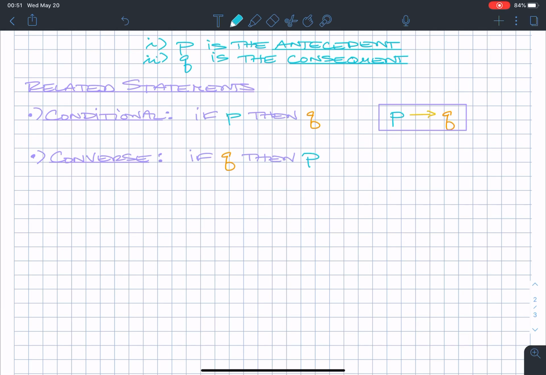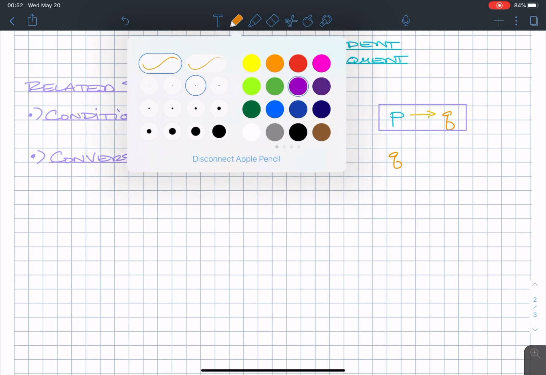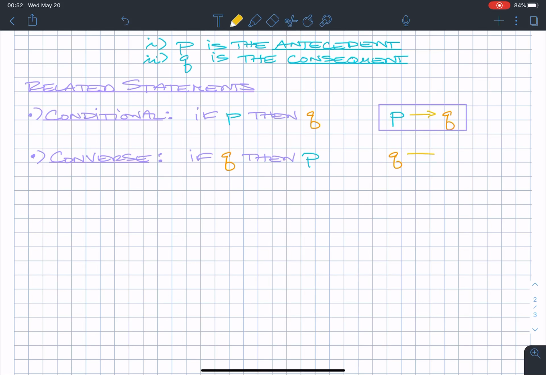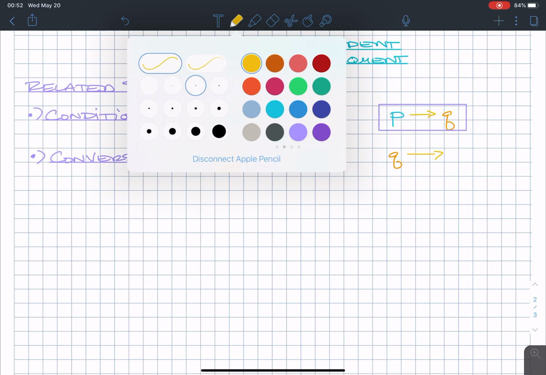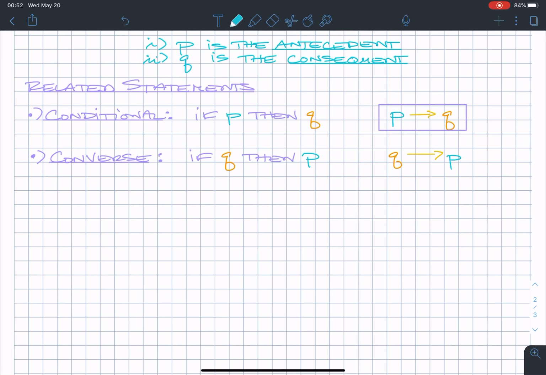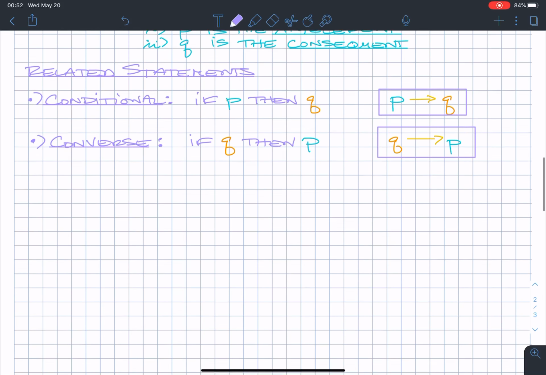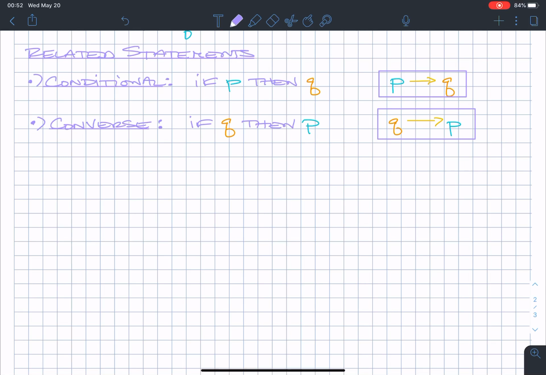So this would start with Q. Let me draw that a bit better. And it would have a right arrow pointing to P, because this is if Q, then P. So that is the converse of the conditional.